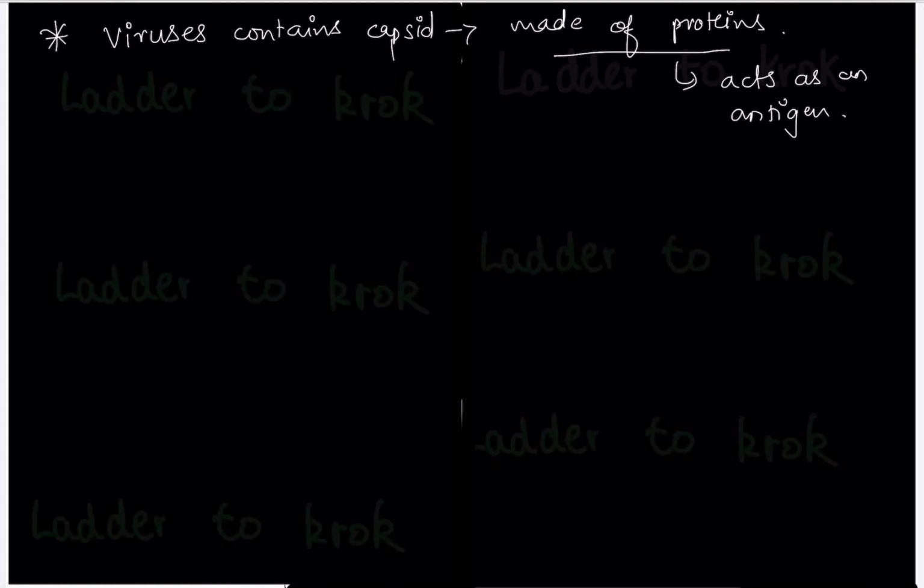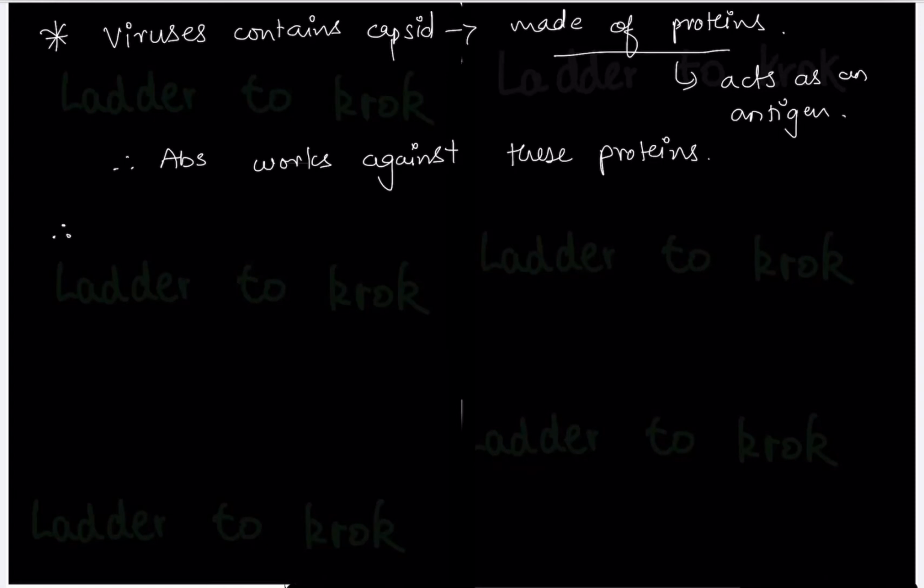And then what will our immune system do? Our immune system will start producing antibodies. Antibodies are released against these proteins, because that is what is counted as an antigen by our immune system.